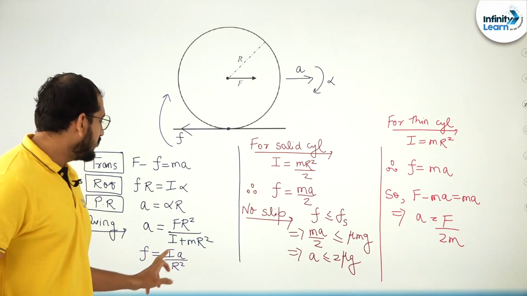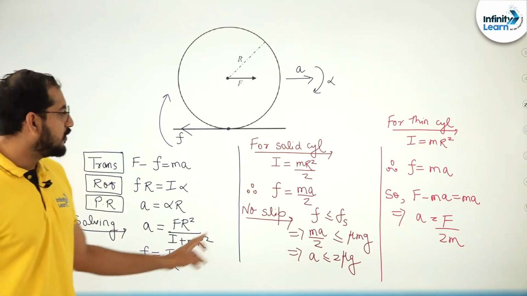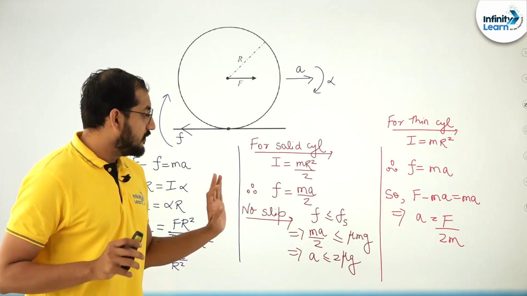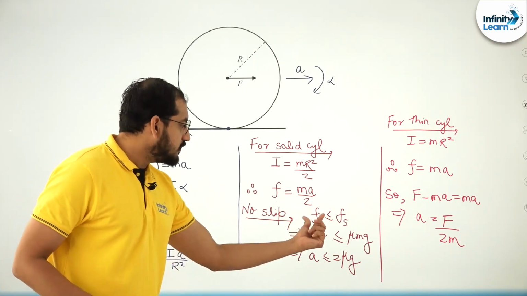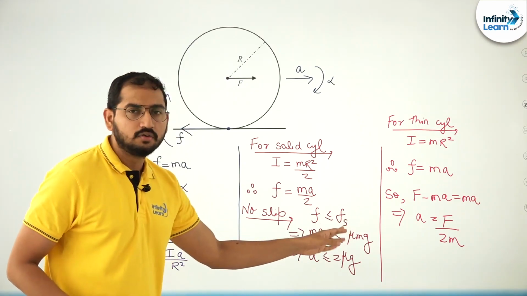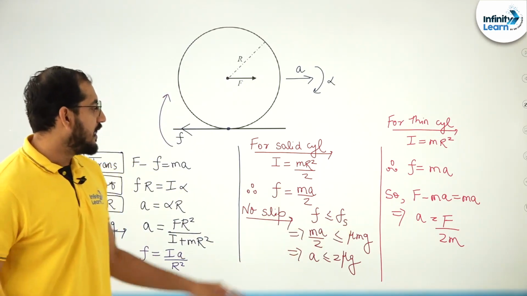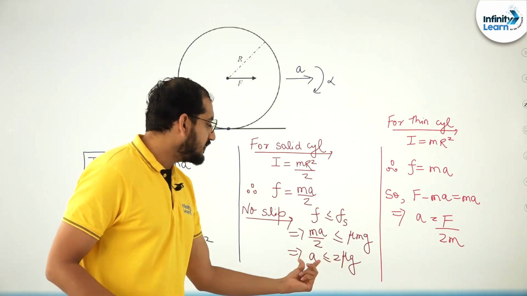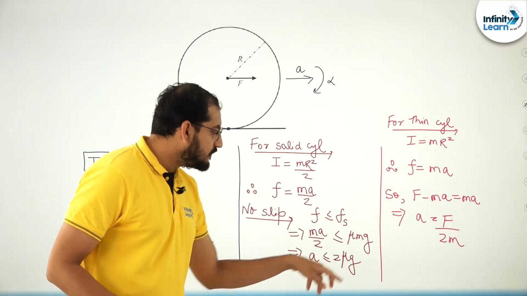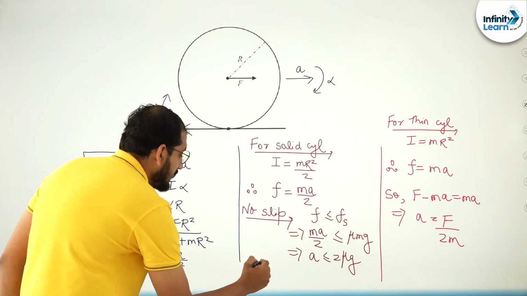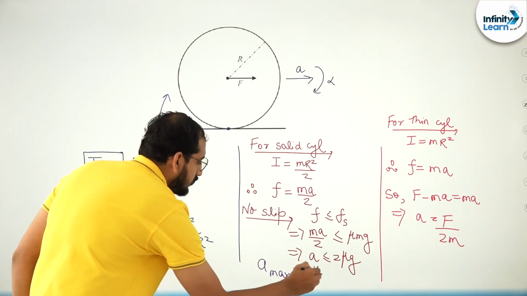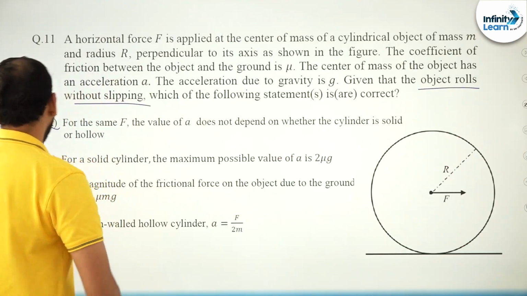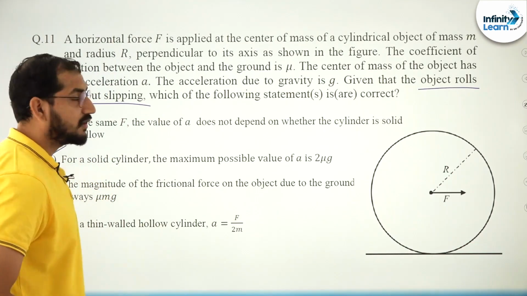Putting the value of I, I get the value of friction, and to sustain pure rolling I want a no slip condition. So this friction should always be less than or equal to the limiting value of friction. After putting in the proper values, I can say that acceleration will always be less than or equal to 2 mu g. That means the maximum acceleration I can have in this case is equal to 2 mu g. So option B will be my correct answer.